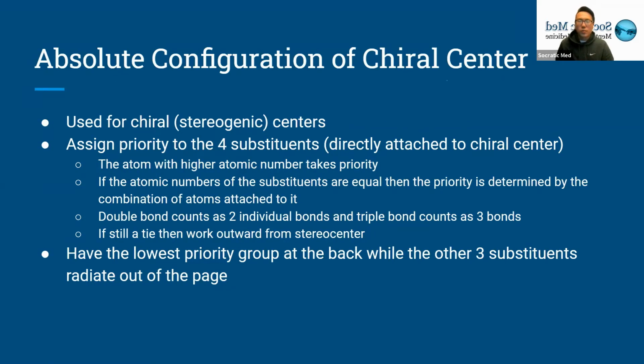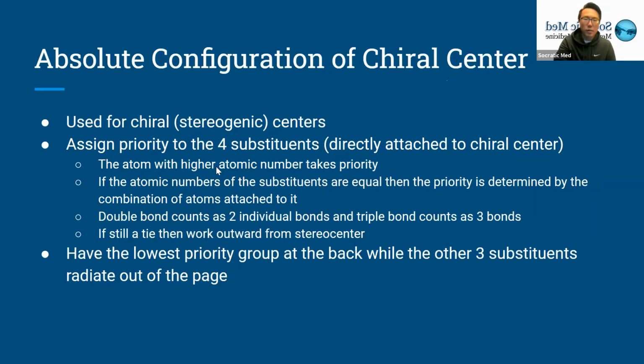So to figure out the absolute configuration of a chiral center, you have to assign a priority to the 4 substituents. So those are the 4 different groups attached to the chiral center, and you have to do this for all the chiral stereogenic centers.